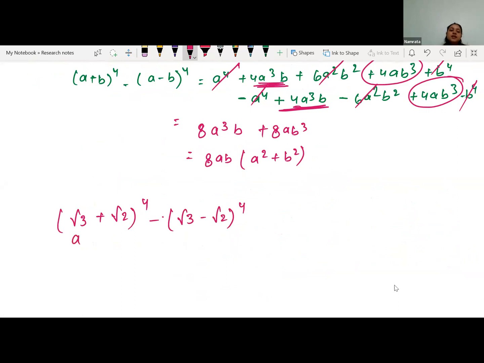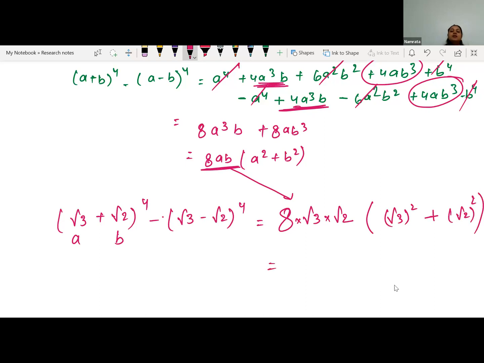Here root 3 is a, root 2 is b. So 8ab, so 8 into root 3 into root 2. Can I write directly from this result? Yes, ma'am. And in bracket a square plus b square, that means root 3 square plus root 2 square.